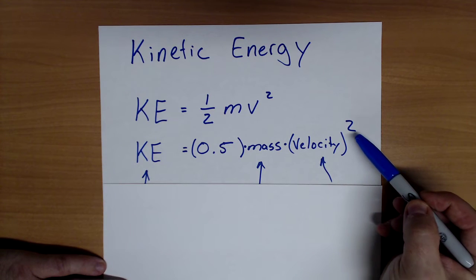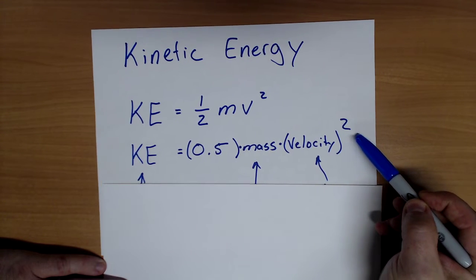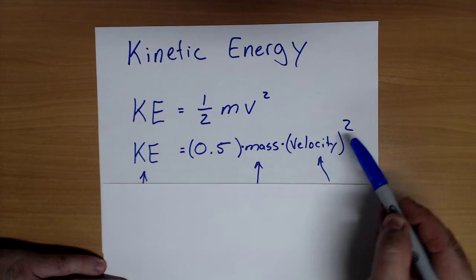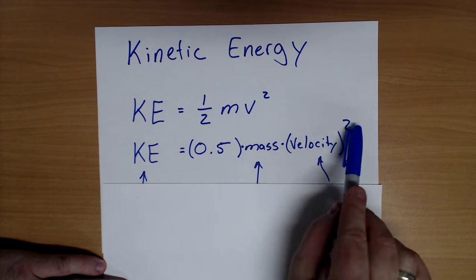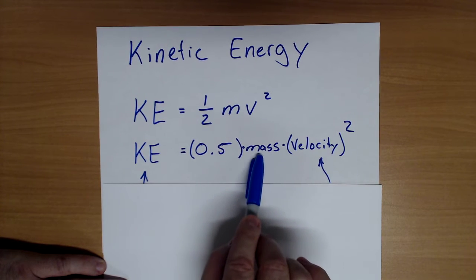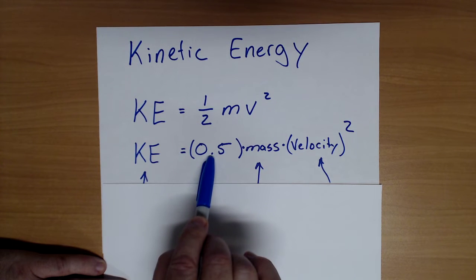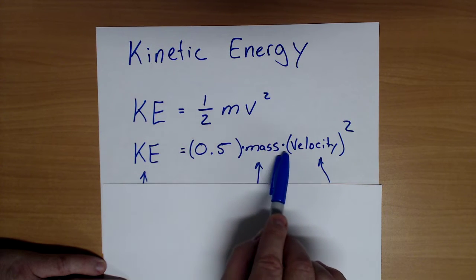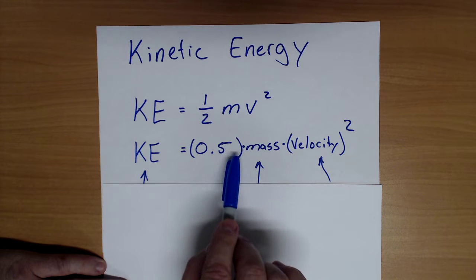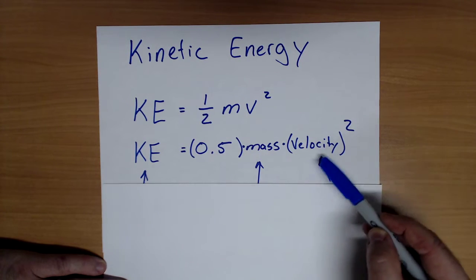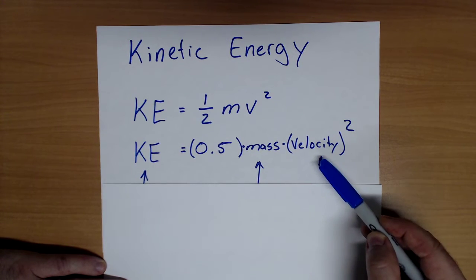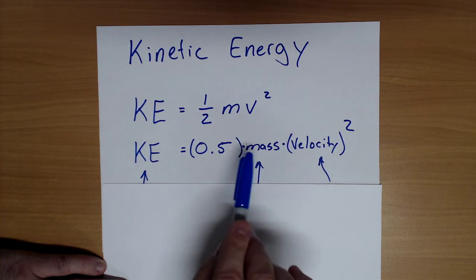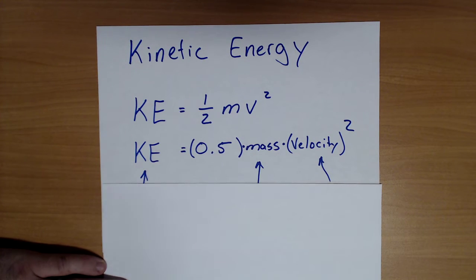So once you know your velocity, I really need you to square it first. Then you can take that number and multiply it by the mass and by the 0.5. These multiplications can be done in any order, but PEMDAS says first you have to do this square, then you can multiply those numbers together in any order after that.